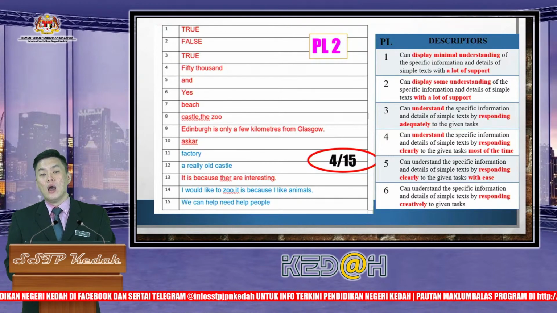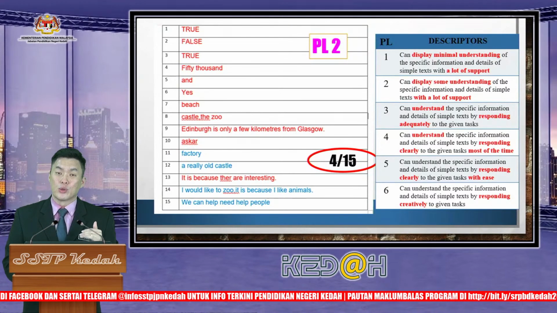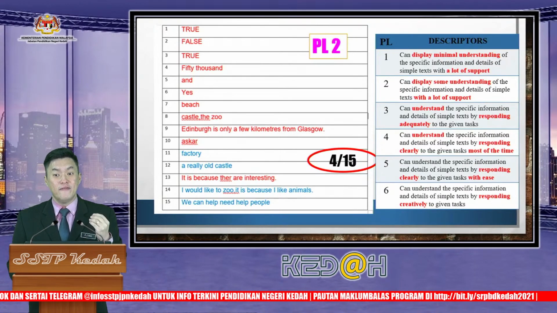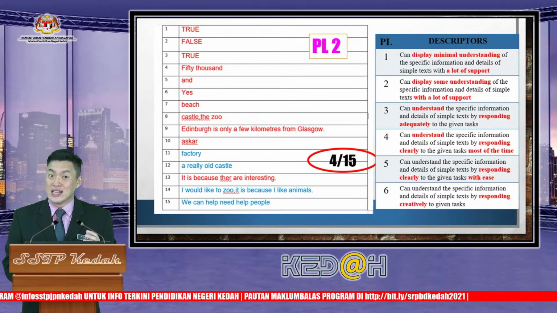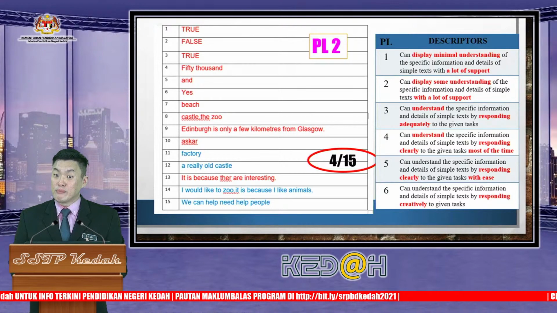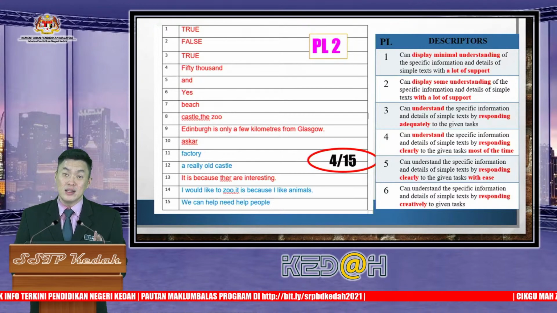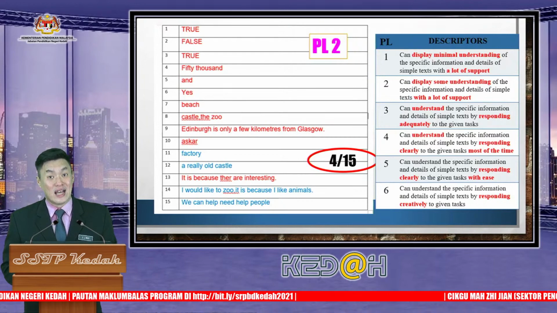As you can see, the student got most of the items on specific information and details wrong. So I can infer that he wasn't able to understand the text quite well. However, he did not display minimal understanding, because he was able to respond to the open-ended items.